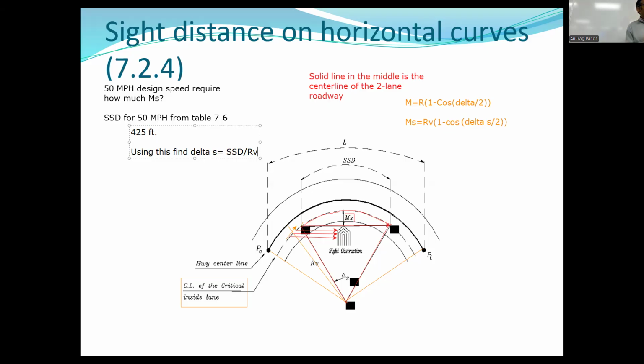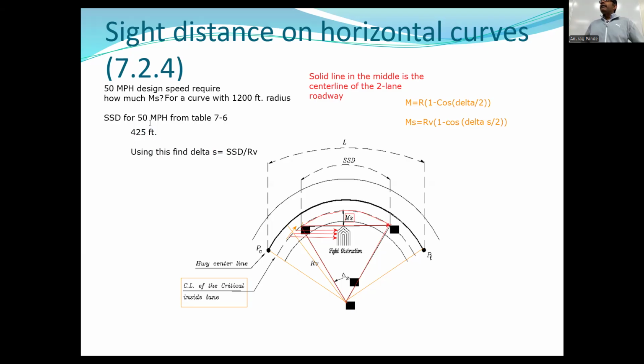Now, for 50 miles per hour design speed, how much MS is required? What you're missing is the radius of the curve, so that is also needed. Let's say the radius was given to you as a curve with 1200 feet radius. Is that RV or R?